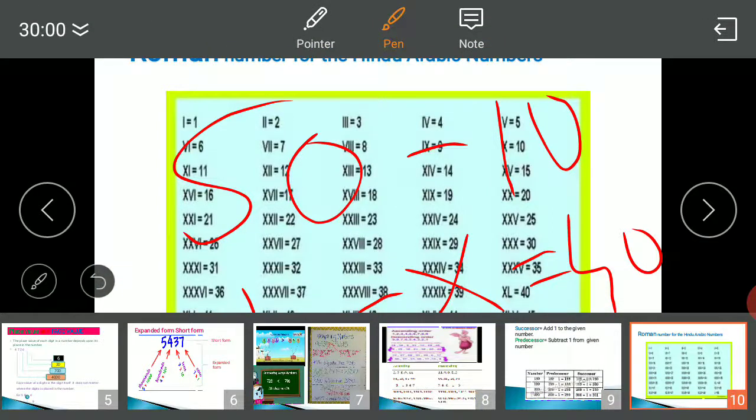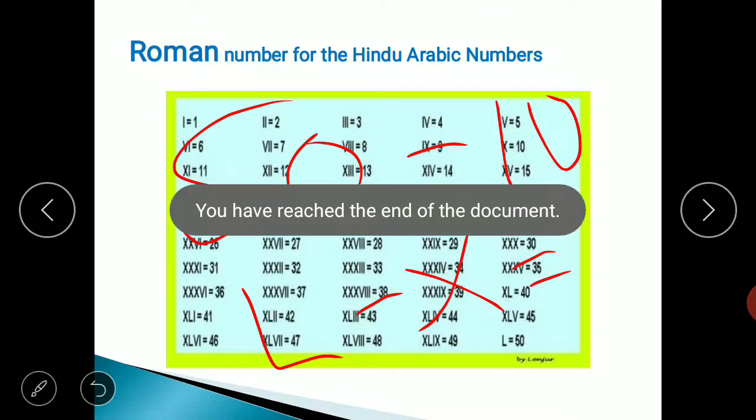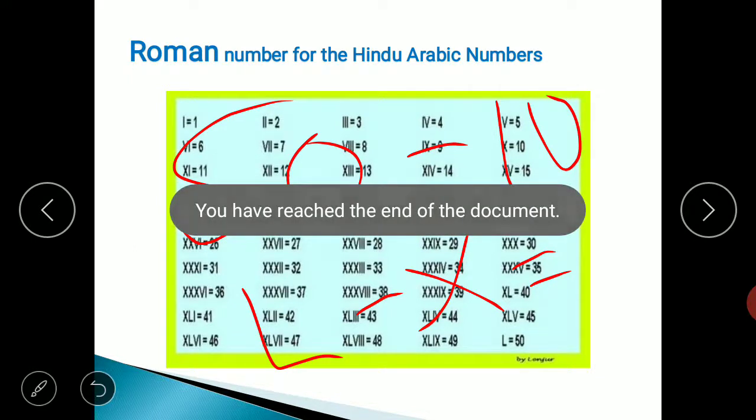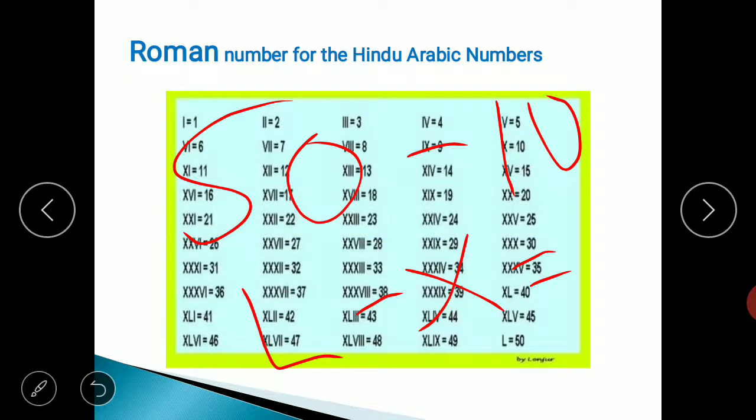Now the next one, that is the last one, 50. How to write 50? I said 50 we can write as L. Understand, students?